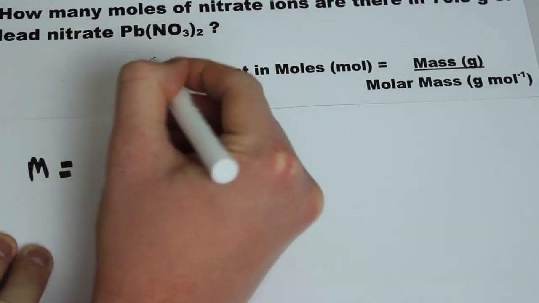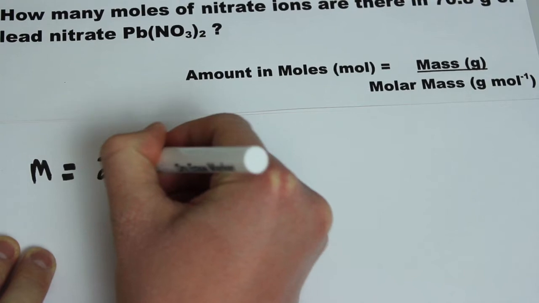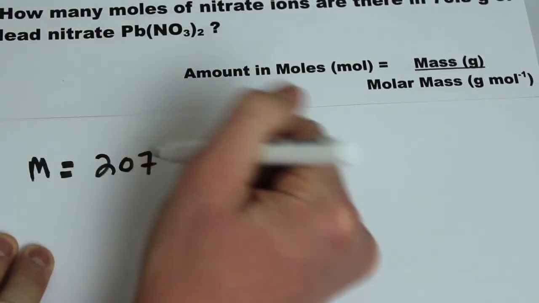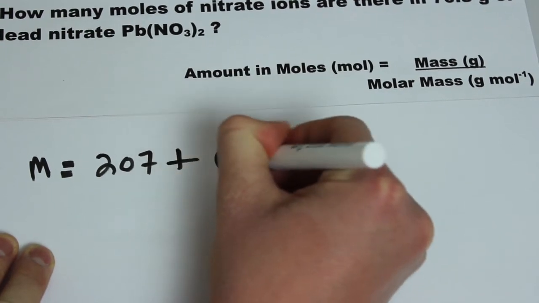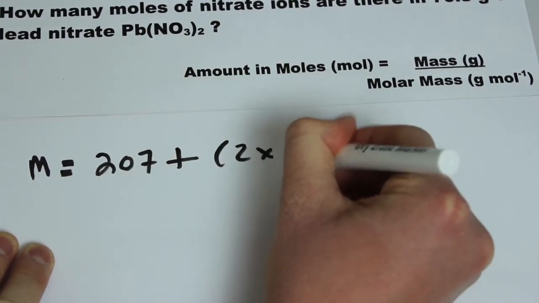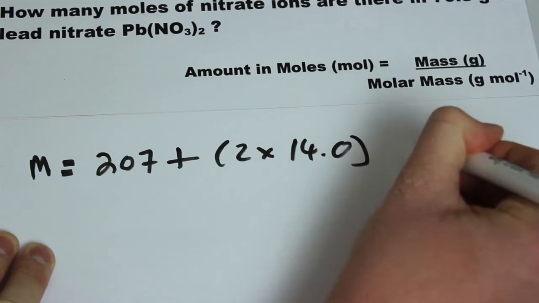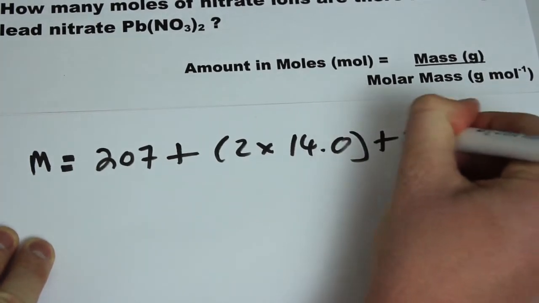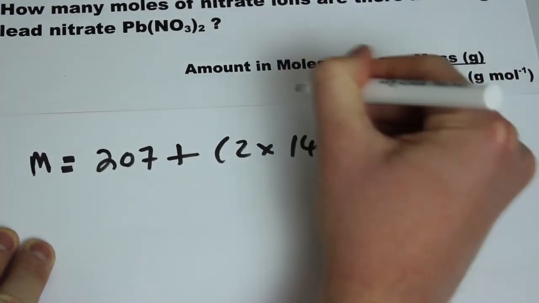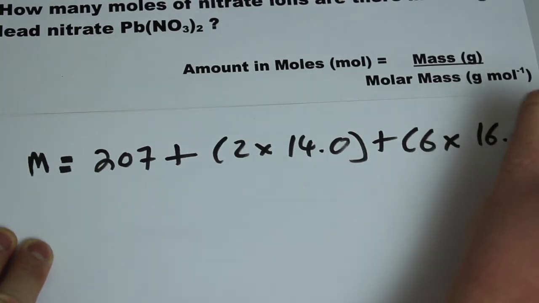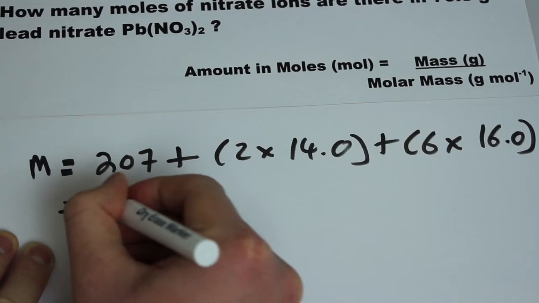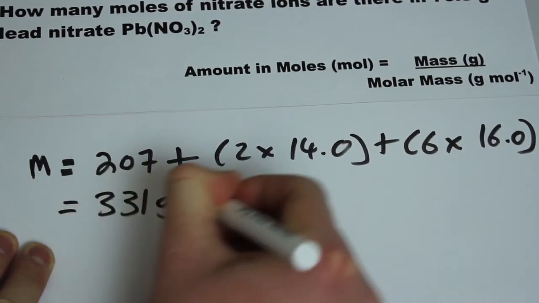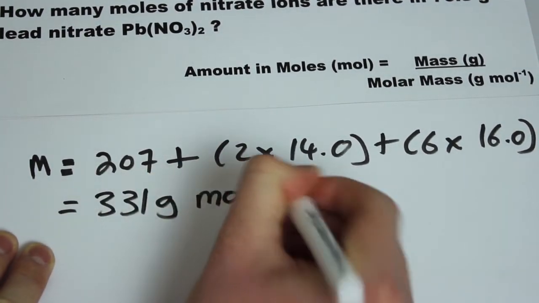So the relative atomic mass of lead is 207, and we only have one of those, so we have just 207, and then we add to that 2 times the relative atomic mass of nitrogen, which is 14.0. Then we add to that 6 times the relative atomic mass of oxygen, which is 16.0, and then we get a total molar mass of lead nitrate of 331 grams per mole.